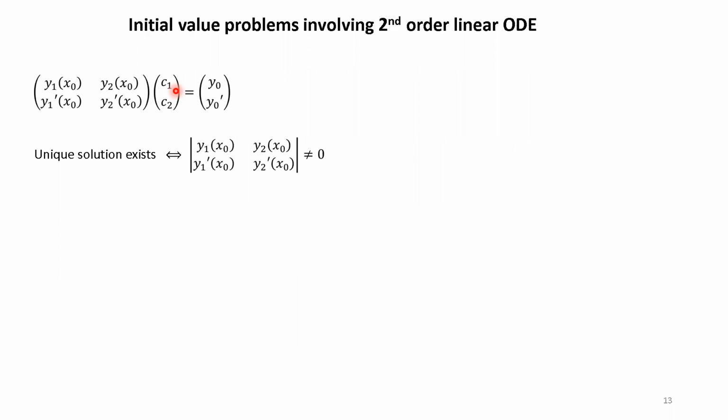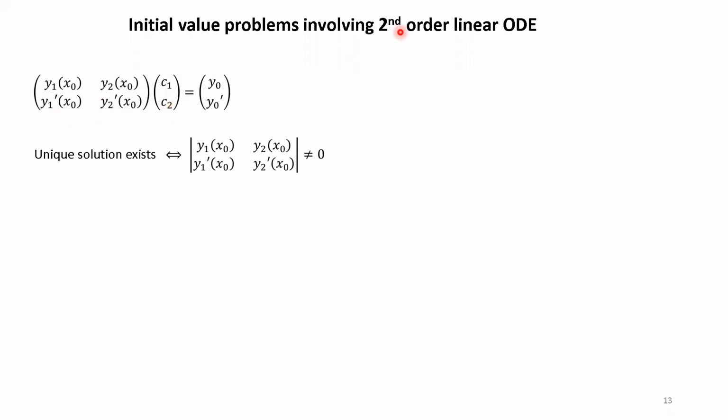That's one theorem that I mentioned last time. So up to this point, I already know there is a unique solution, which means C1 and C2 are uniquely defined.